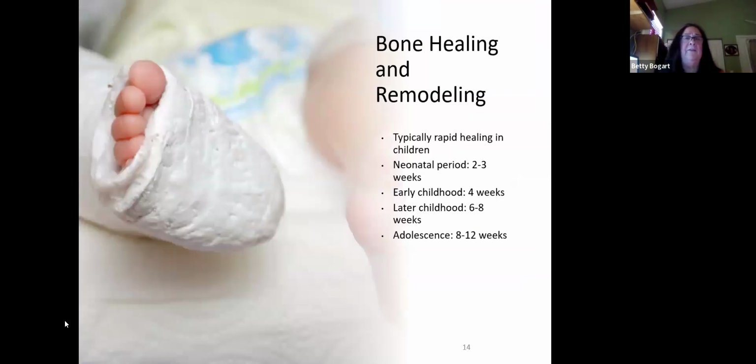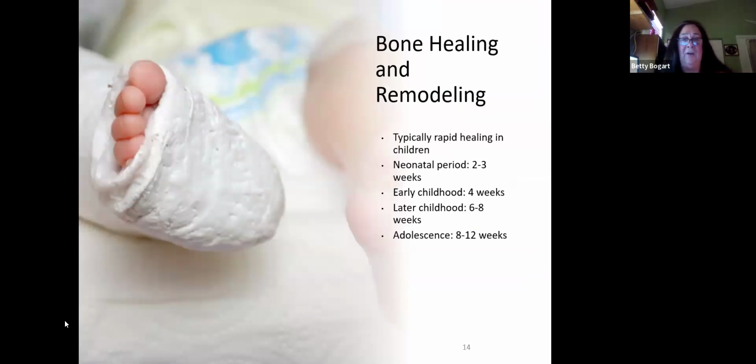Now, another thing that happens with children is these fractured bones, and we've got to look at how long it is going to take for them to be in a cast. I mean, put a 6-year-old in a cast, and they're not going to be sitting that very long with that cast on. So the good thing about children is that they tend to heal very quickly.